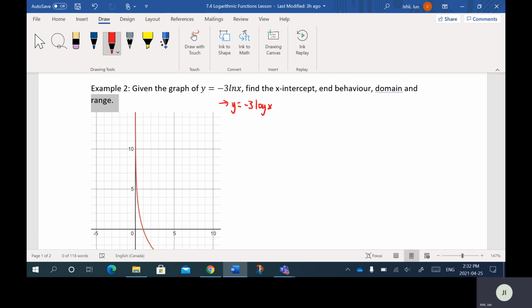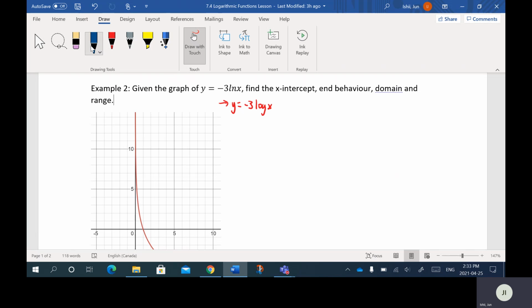The shape is a little bit different, and I'm going to show you that in Desmos, but in terms of finding these characteristics, the answers are going to be the same. Like I said at the beginning, just consider log x and ln x as logarithmic functions. There's no real difference in terms of these characteristics when it comes to the functions themselves.